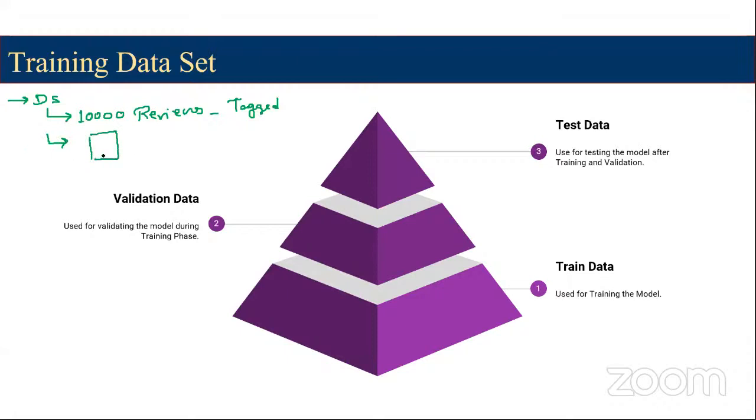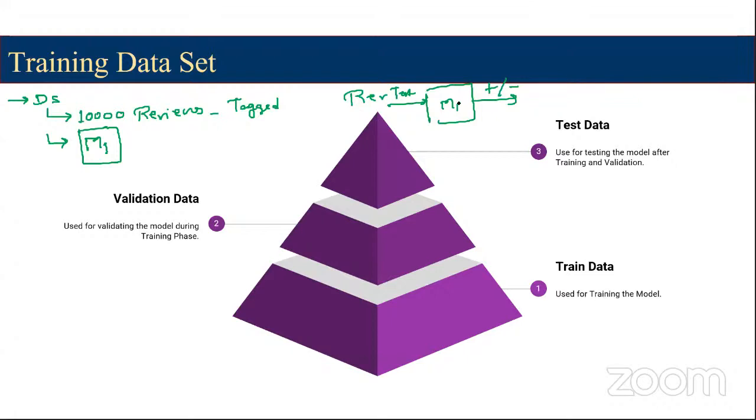Now, say if we have a machine learning model M1 trained on this data set, where given any review text, it will predict whether the review is positive or negative.